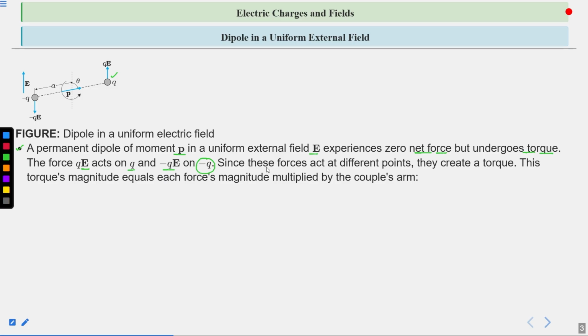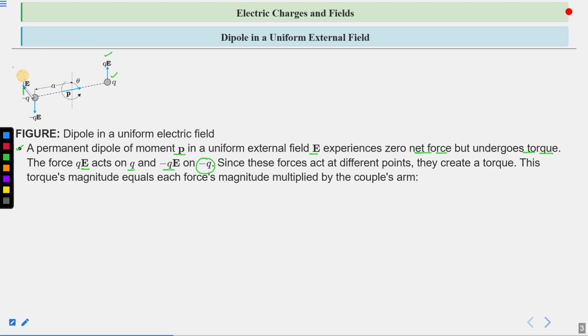Another point here is this: if the direction of the electric field is in this direction, upward, in that case the force acting on the charge q is along the direction of the electric field, and the force acting on the charge minus q is anti-parallel to the direction of the electric field.